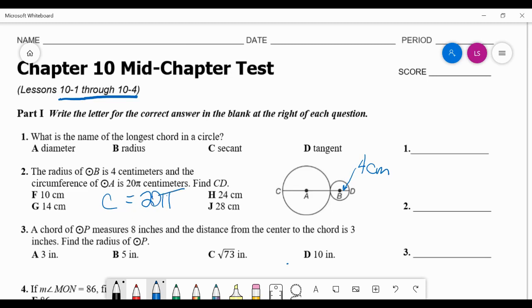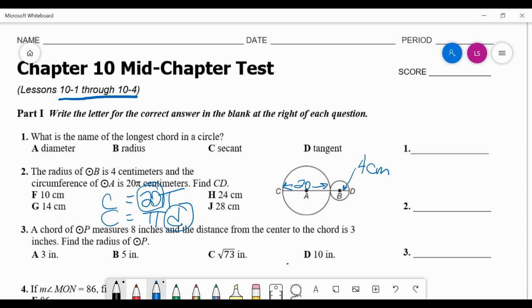So if the circumference is 20 pi, and we know that any circumference is pi times diameter, therefore 20 and the diameter are the same. So if circle A has a 20 pi circumference, then I know that its diameter is 20.